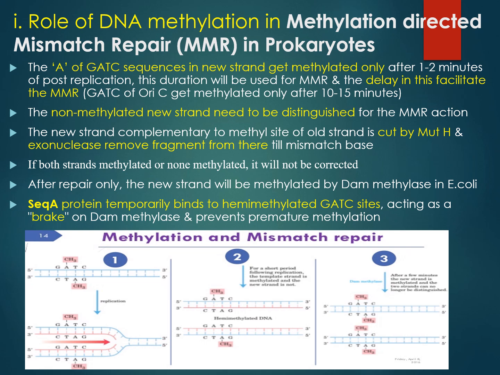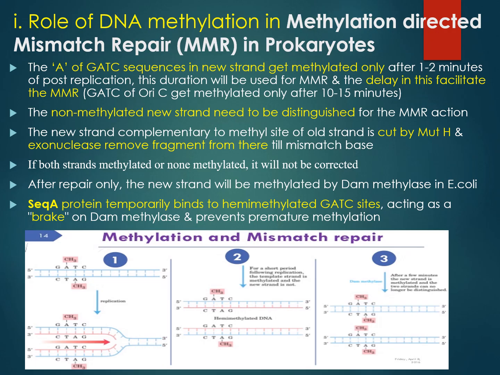The delay in this period also facilitates such mismatch repair. During this 1 to 2 minutes, if any mistake happens during the replication which is not corrected by the DNA polymerase enzyme, it will be repaired here using the repair system. The non-methylated new strand needs to be distinguished for this MMR action.